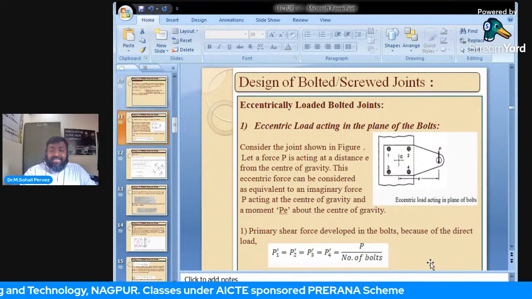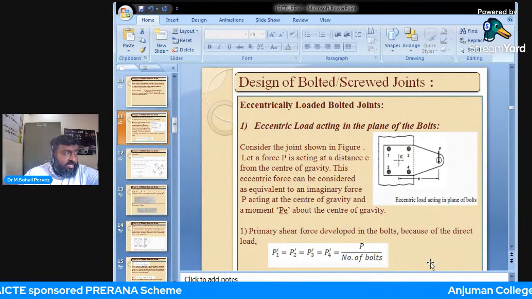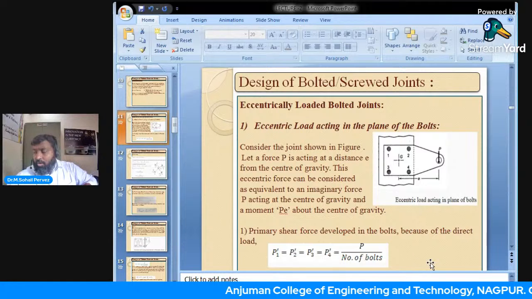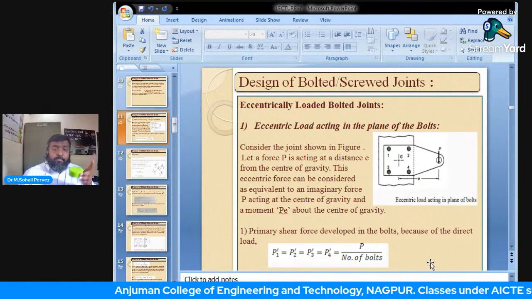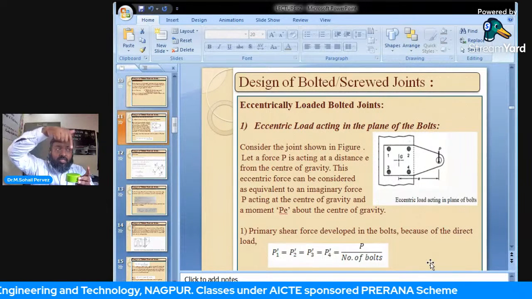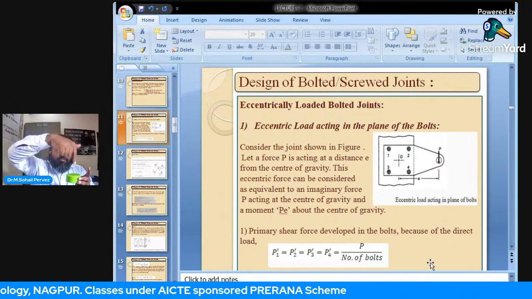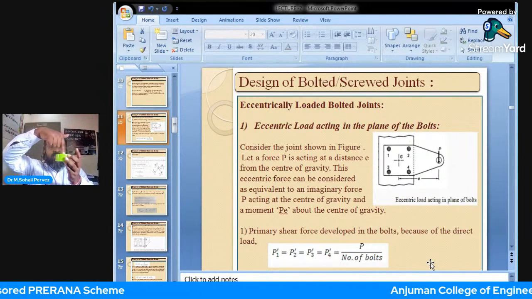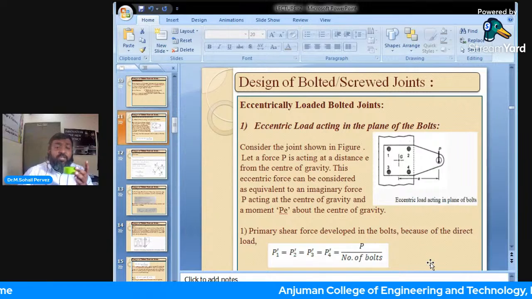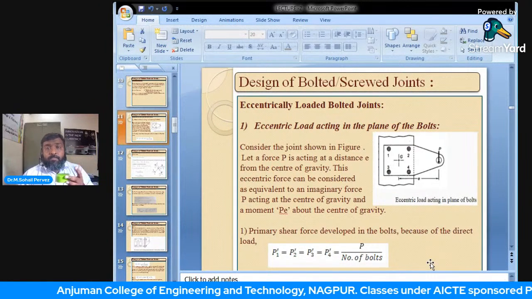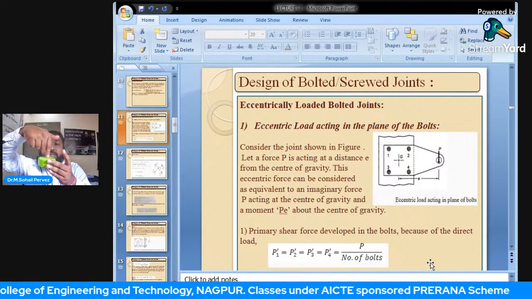What do you mean by eccentrically loaded? If I take the example of this cylinder or bottle, or let us say this component, and I apply the load such that the line of action of force exactly coincides with the center of this body, then it is known as axial load.